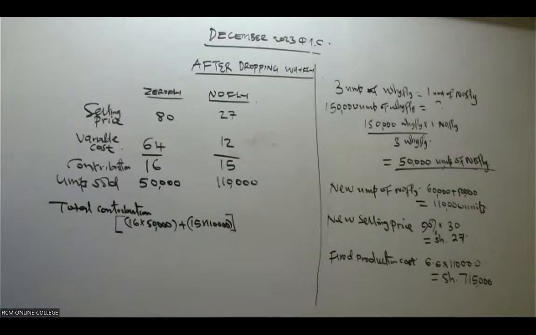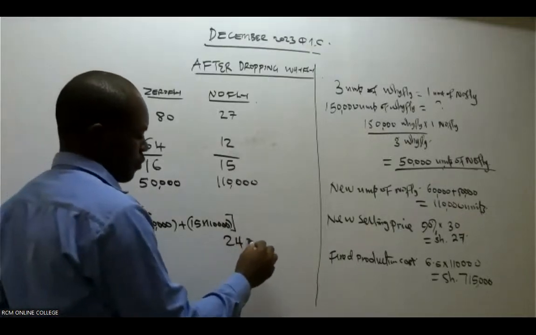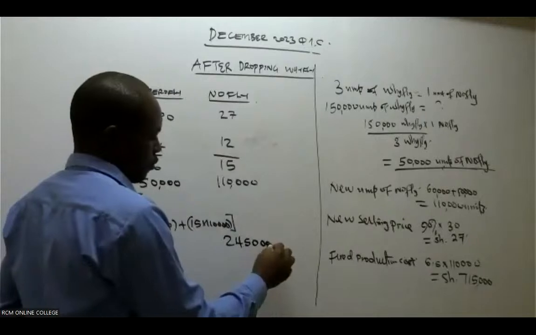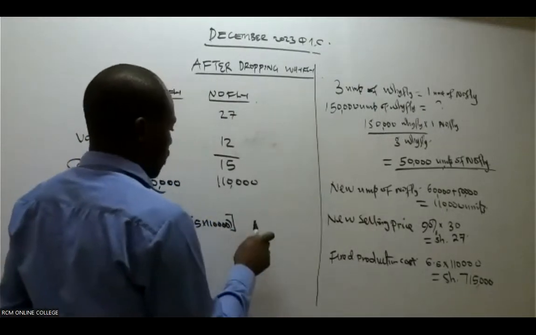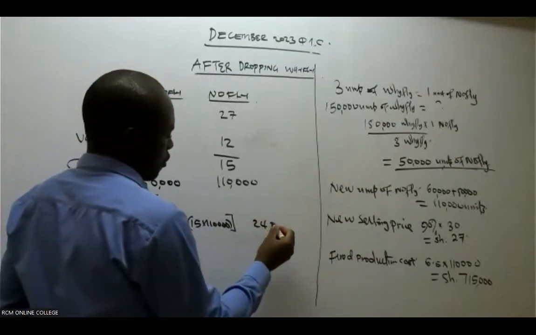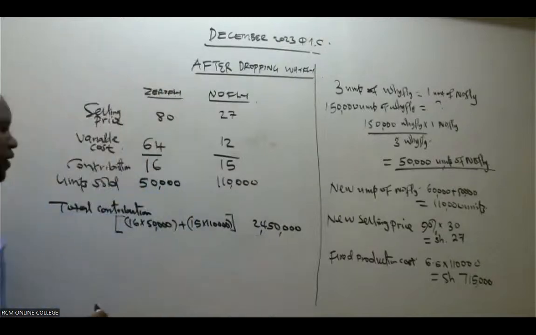When you do all that, what will you have? 16,000 by 50, 15 by 110, 2450. So we are having 2450. Good.